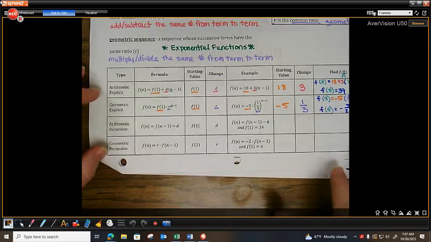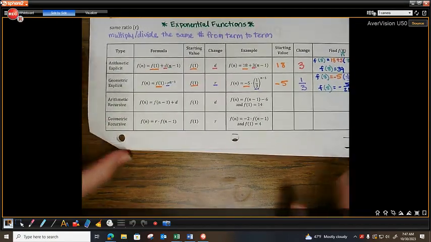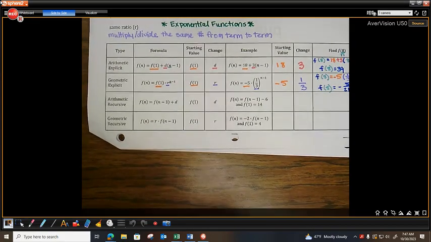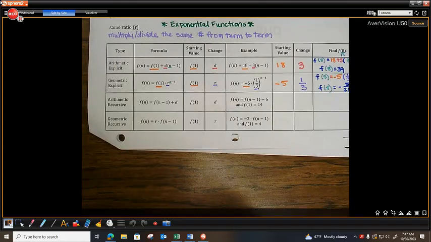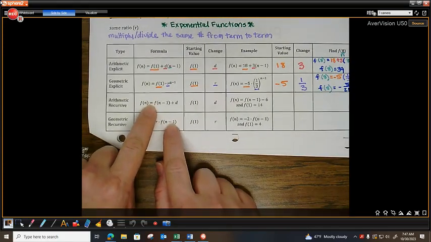Now, we are going to go to our recursive ones. What recursive means is you have to know the previous term in order to get the next term. Notice both of these formulas have this f parentheses n minus 1. What does that mean? F of n minus 1 means your previous term's value.